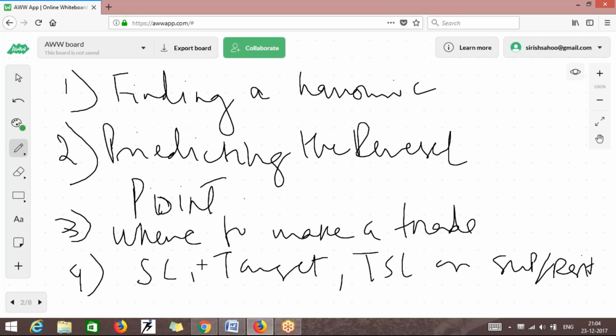After taking these criteria, please just google them, because I also do not remember exactly what the criteria are. You could find them easily, and see how exactly it's going by any pattern or not. Now the second step comes, that is predicting the reversal points, and after that where to take the trade.